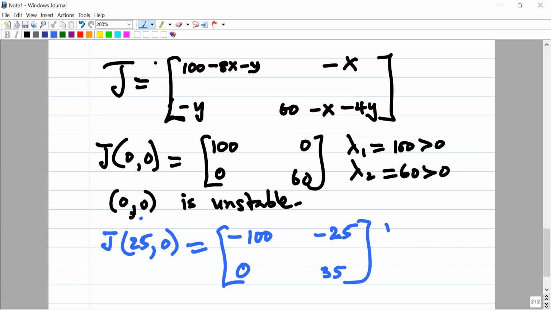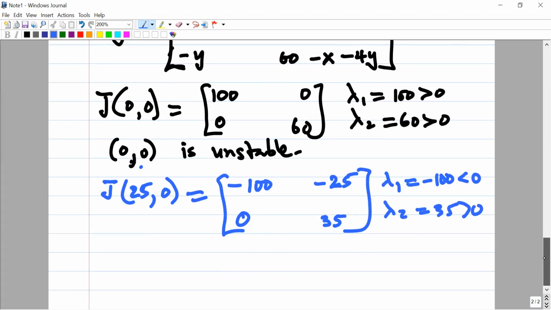Here we have lambda 1 equals minus 100, which is less than 0, but lambda 2 equals 35, which is greater than 0. Because one of the eigenvalues is greater than 0, this is a saddle point, and the saddle point is unstable.